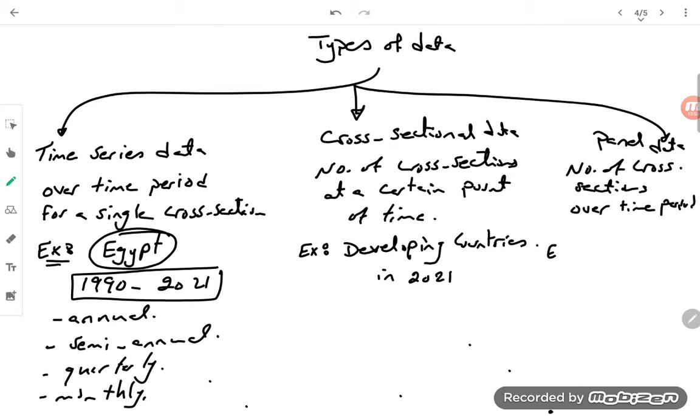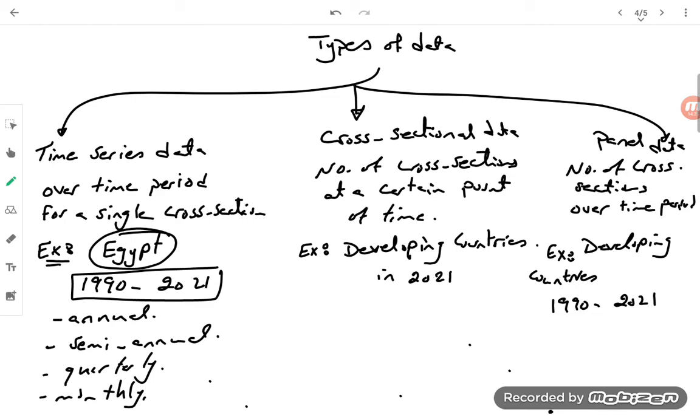Say, for example, we are going to collect data for developing countries over the period from 1990 to 2021. So it's like a combination of time series data and cross-sectional data.